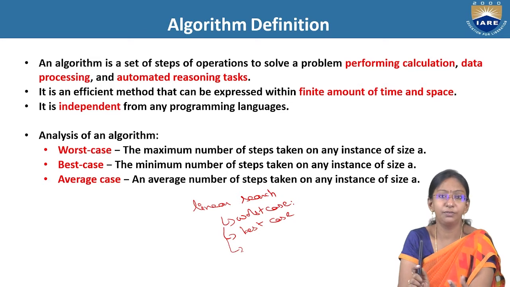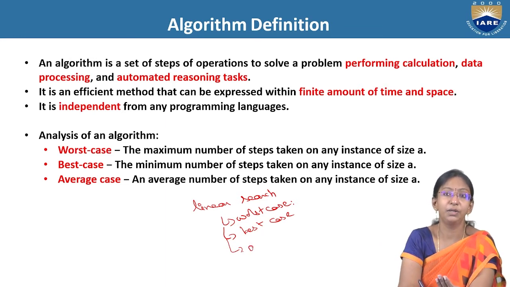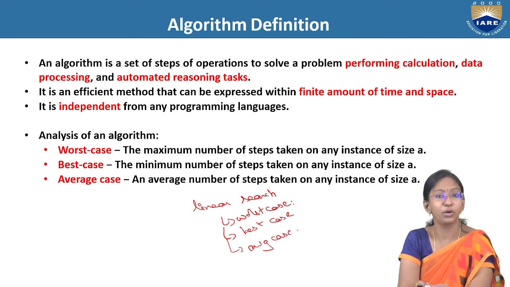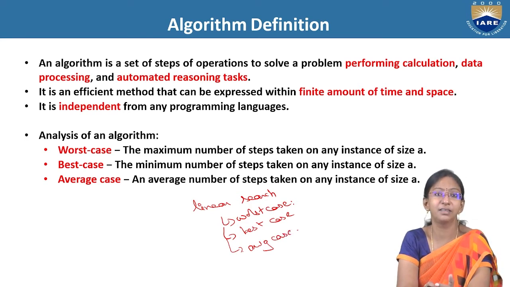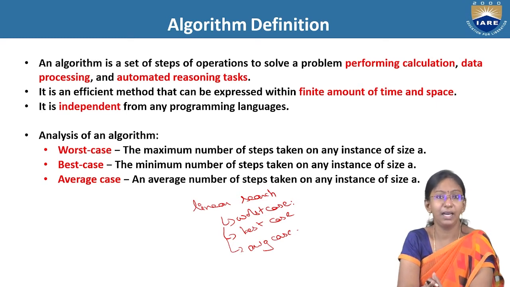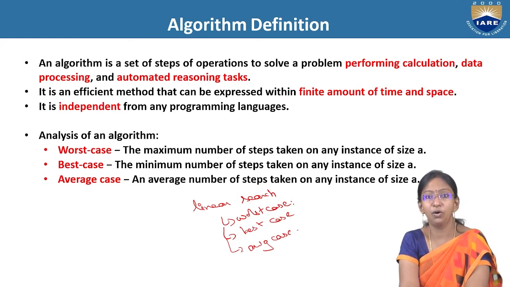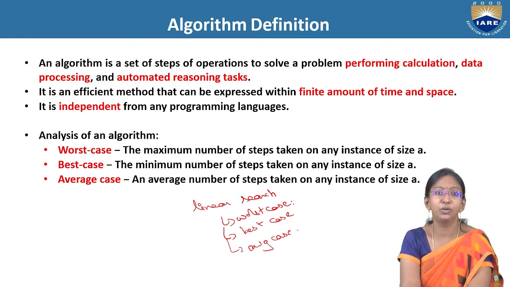Say, what if the element is the first element, second element, or the last element, and including the case where the element is not present in the list itself, right? So a collection of all these cases is nothing but the average case of analyzing an algorithm. Using all these three, we try to evaluate or analyze the performance of any algorithm.